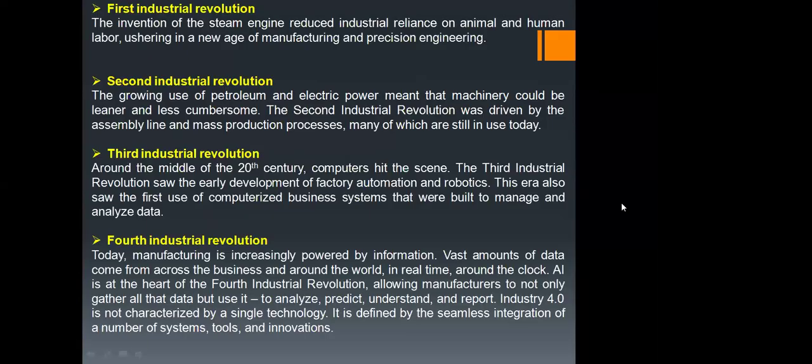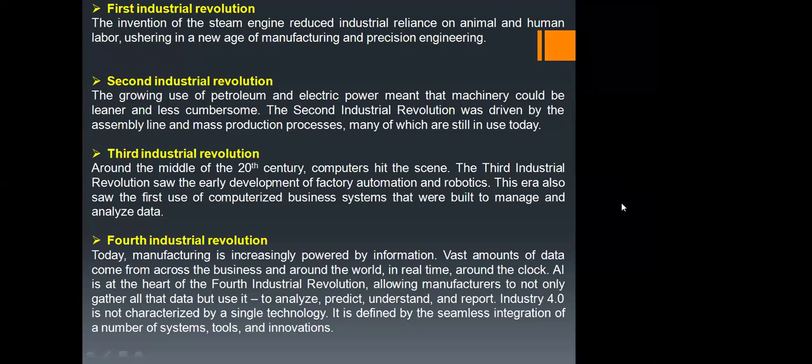As I mentioned, there are four industrial revolutions: first, second, third, and fourth. Presently, manufacturing is increasingly powered by information and automation. A vast amount of data comes from across the business and around the world in real time, round the clock, and we need to handle this huge amount of data for different purposes.